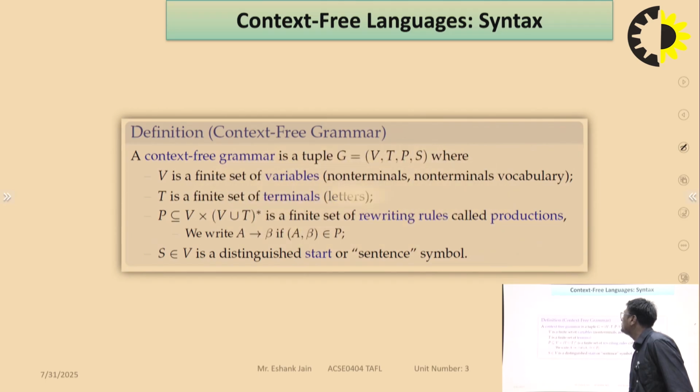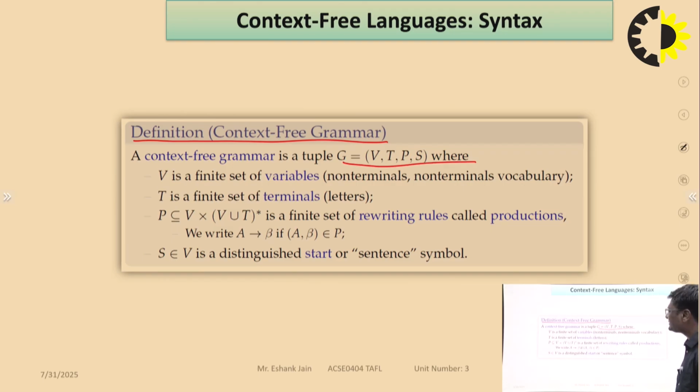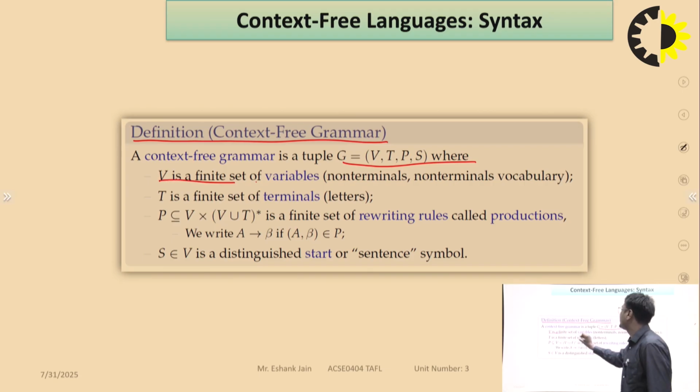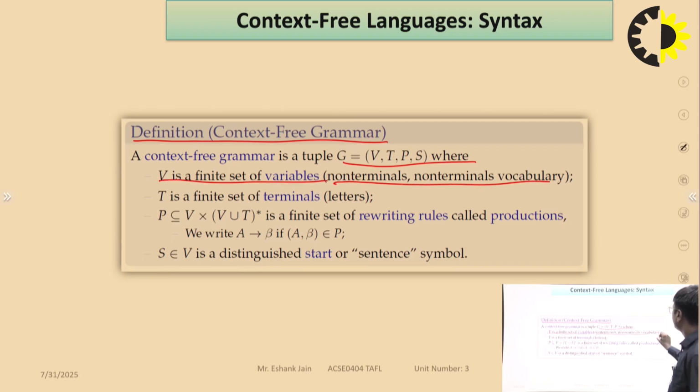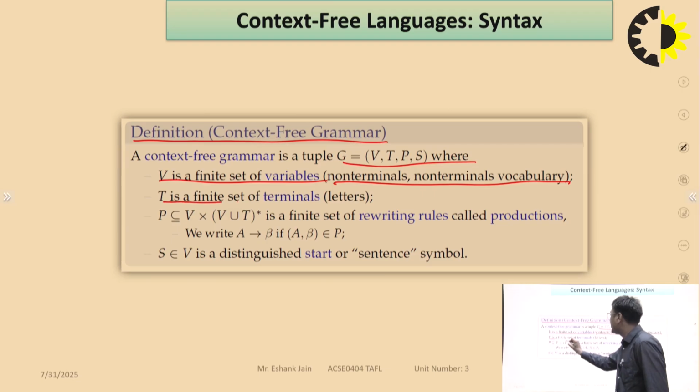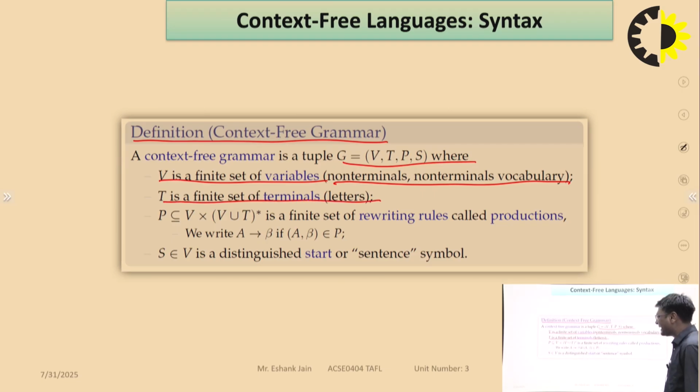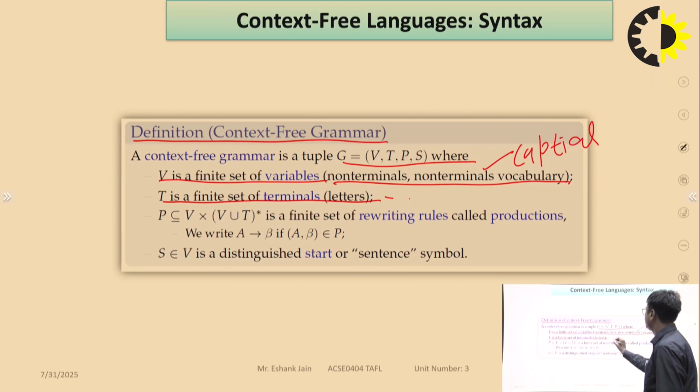Now we have to know about context free languages. What is a context free grammar? A context free grammar is a tuple G = (V, T, P, S), where V is a finite set of variables, also called non-terminals, and T is a finite set of terminals, meaning letters. Non-terminals are represented by capital letters and terminals by small letters.